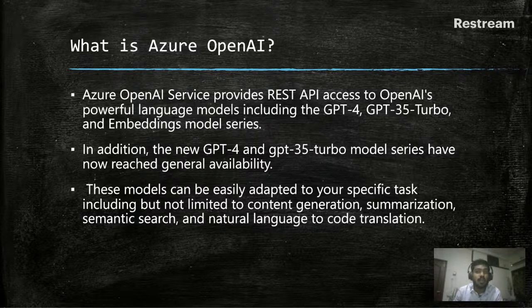Azure OpenAI Service provides REST APIs and fast access to OpenAI's powerful language models, including GPT-4, GPT-3.5 Turbo, and the embedding model series. After the 2023 Build event, which is a very important thing, the new GPT-4 and GPT-3 models have reached general availability.